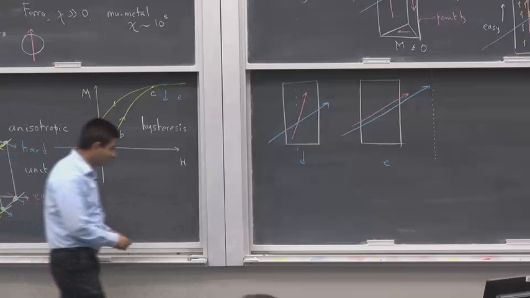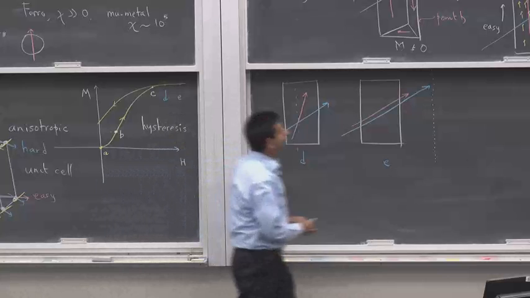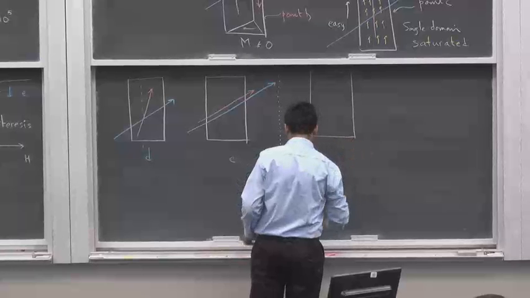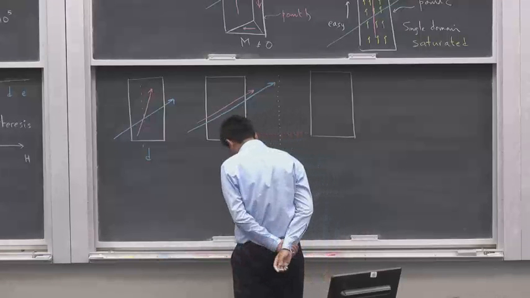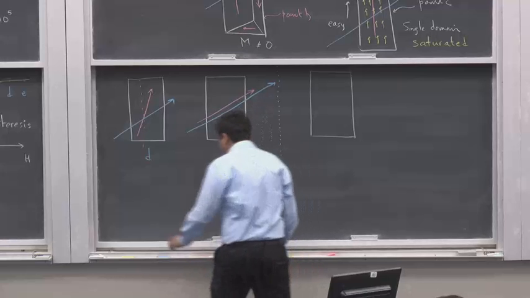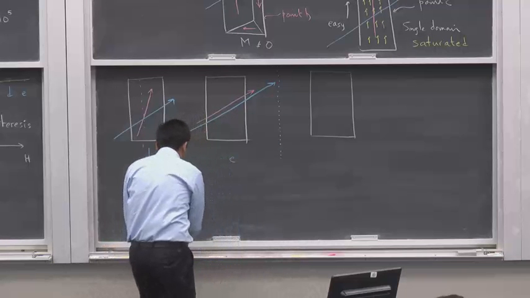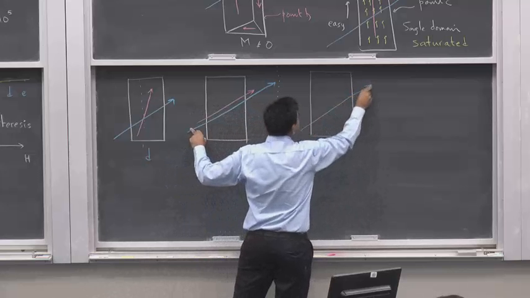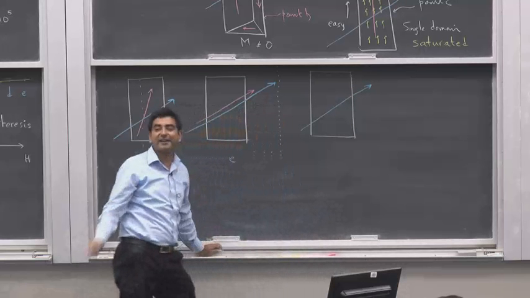Now what's going to happen if we reverse this field? Reversing the field actually means that we are lowering the magnitude of this field. So this field is now lower in magnitude, but it's pointing in the same direction as before. We're not changing the direction of the externally applied field.